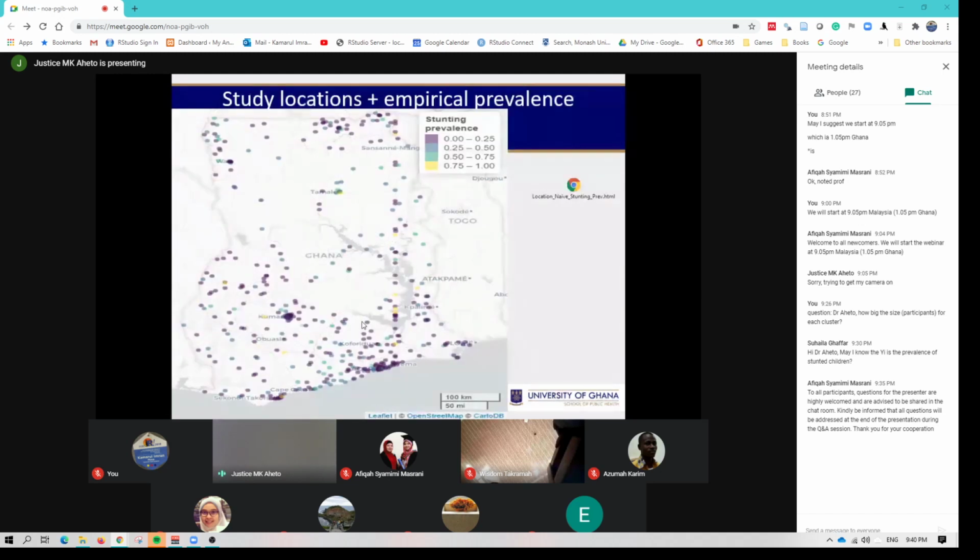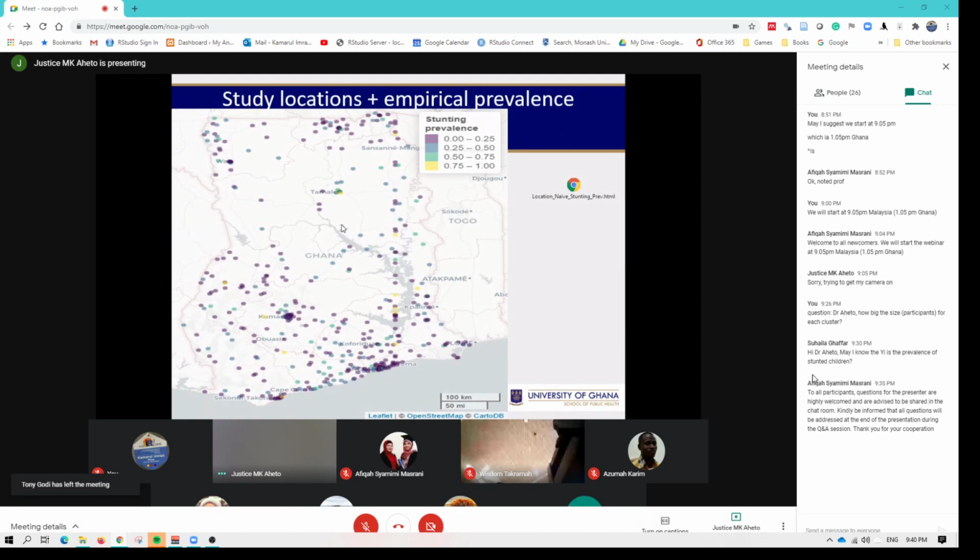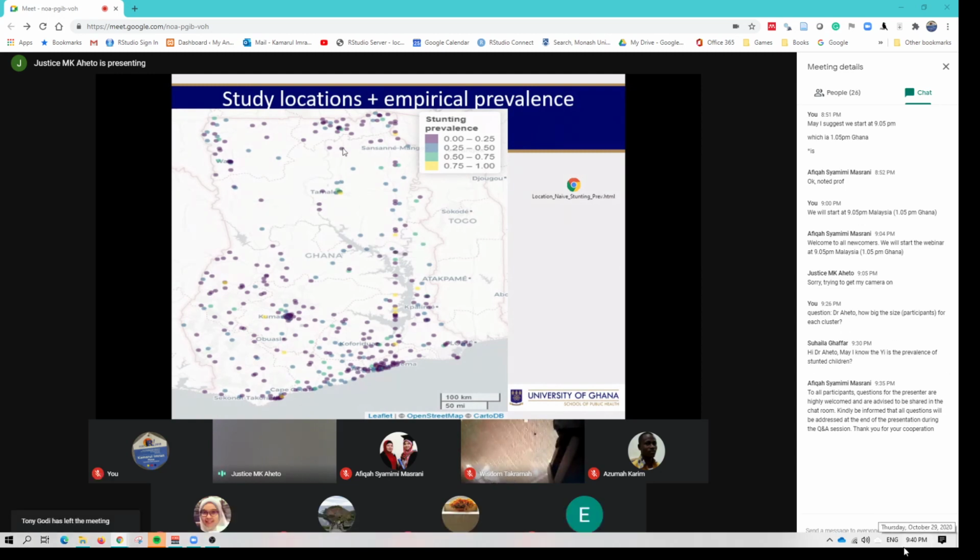The map you are seeing now shows the study locations plus the empirical prevalence of stunting. All the circles represent areas where samples were drawn in Ghana for the survey. Basically, these are the cluster locations of the children where samples were taken.